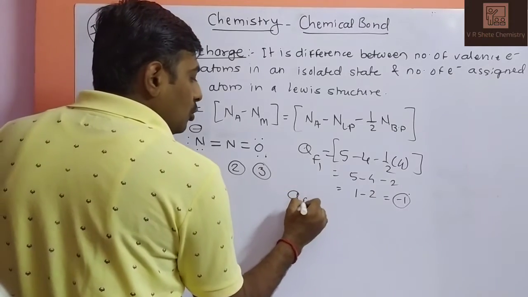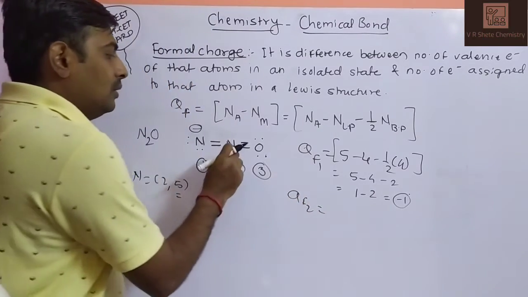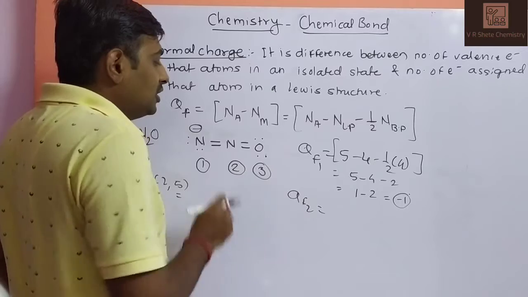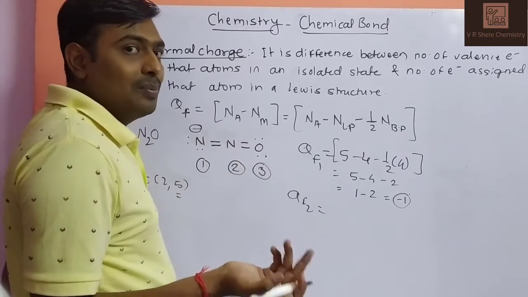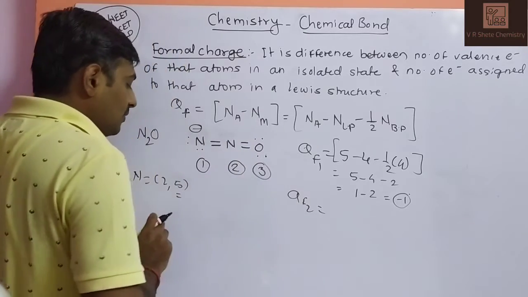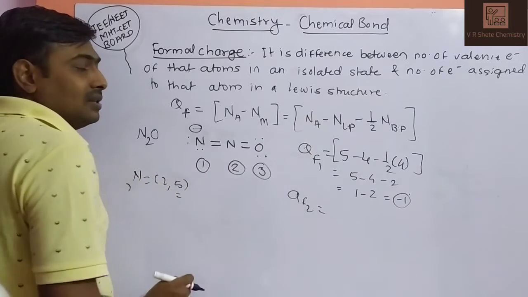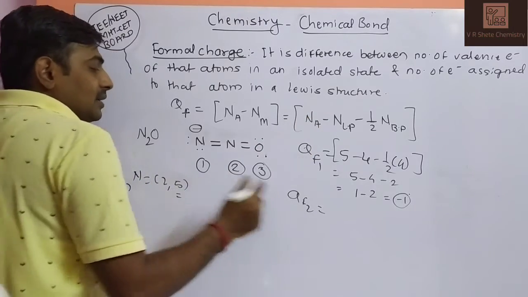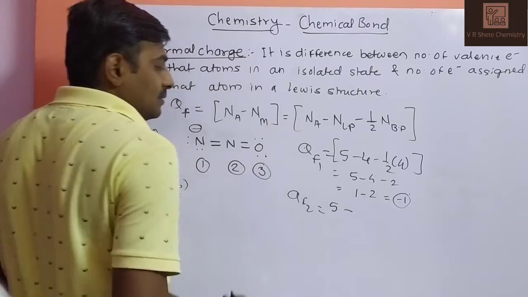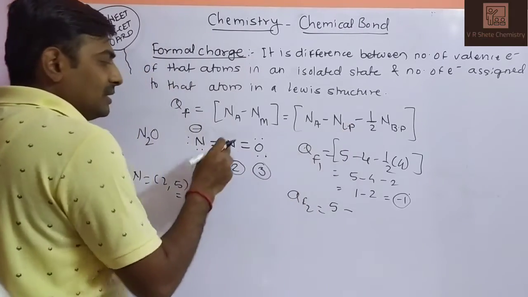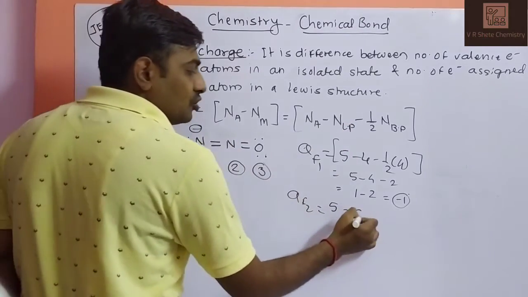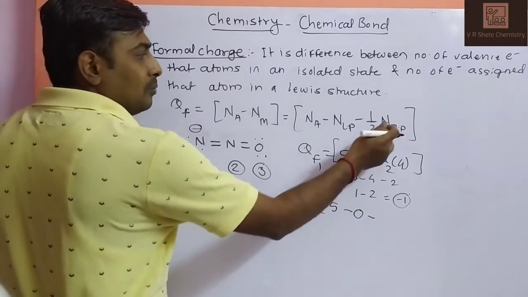Second, QF2, the second nitrogen atom. Generally it has 4 bonds, so the answer will be plus 1. But how does it come about? Again this formula: Na, the number of electrons in the valence shell of nitrogen, is 5 valence electrons, minus lone pairs. Are there any lone pairs? No, 0. Minus 1/2 times the bond pair.